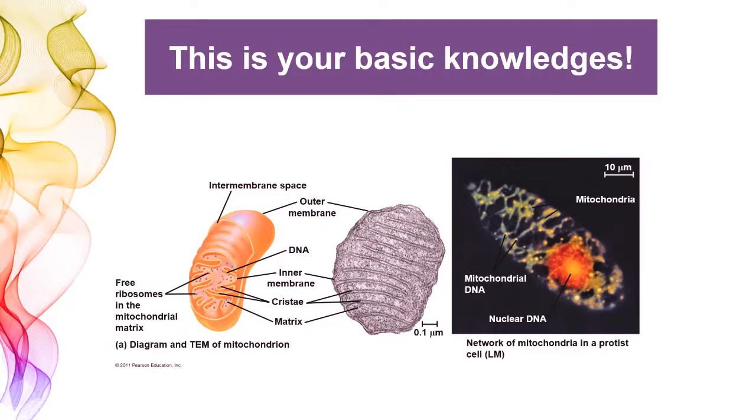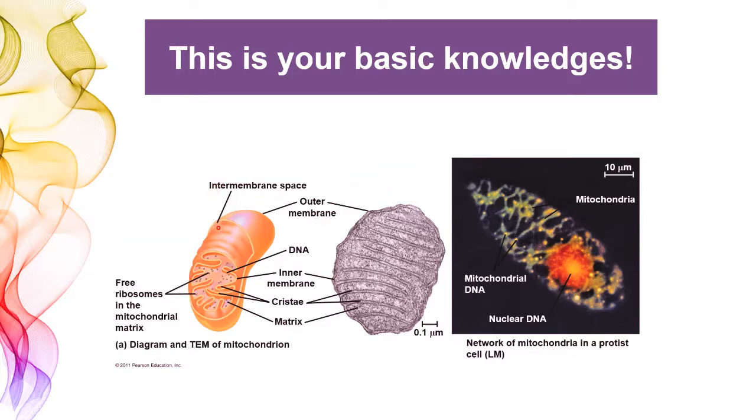Now, before we look further into the different stages in cellular respiration, it's important for you to remember the structure of mitochondria. This is because most stages that happen in cellular respiration actually take place inside the mitochondria. First, the outer layer of the mitochondria is known as the outer membrane.